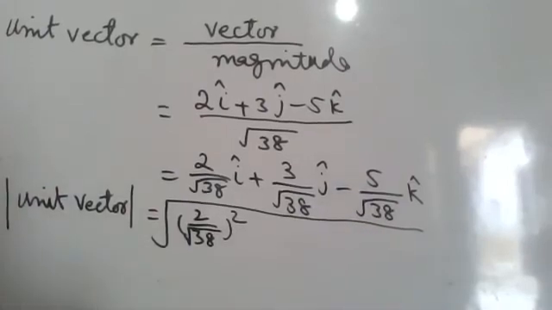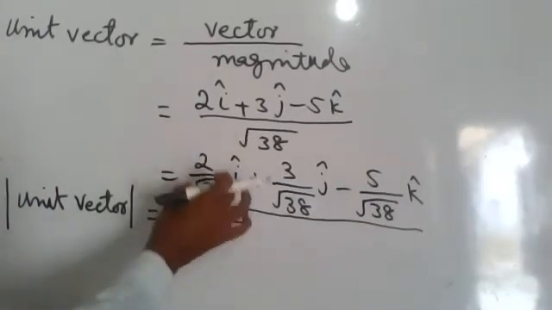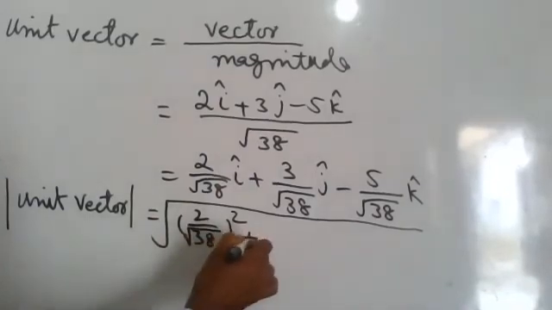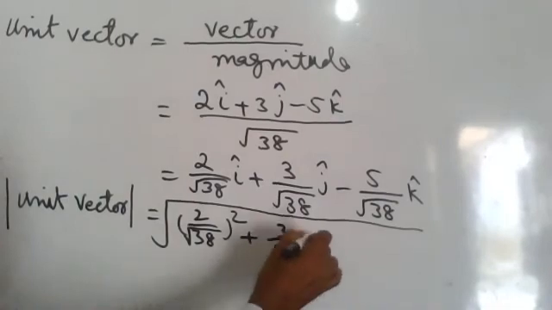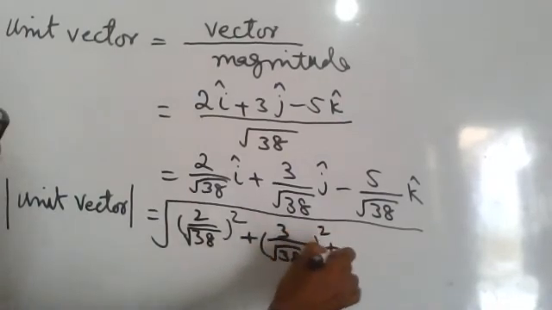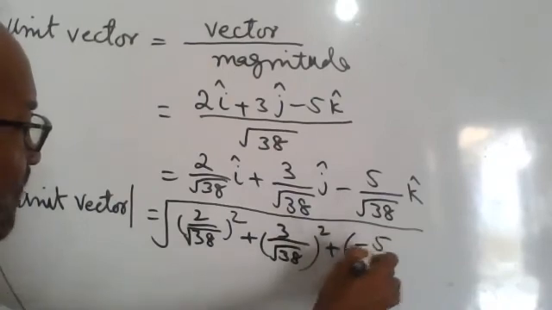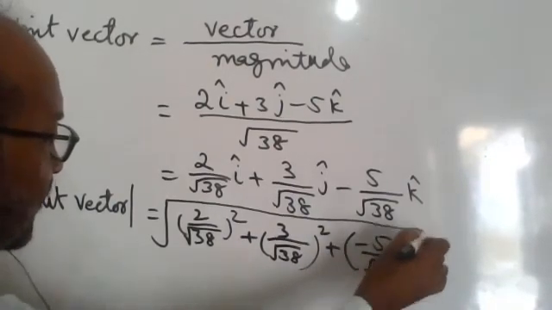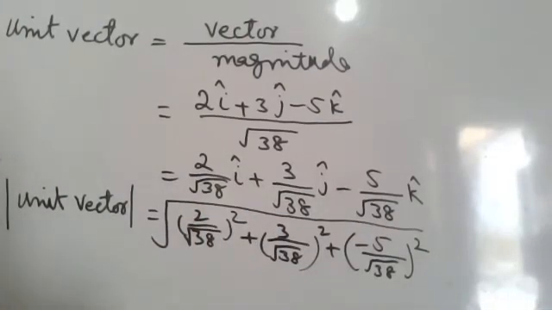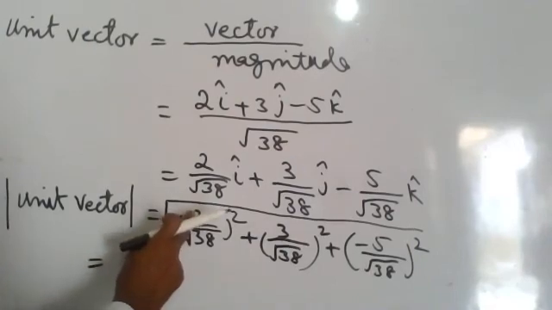How to find the magnitude? Take the square of the i component plus the square of the j component plus the square of the k component, minus 5 upon root 38, whole under root.